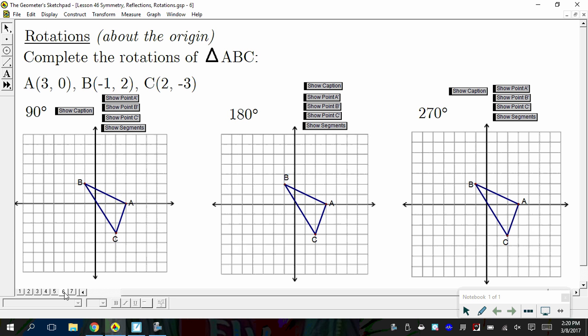And the easiest way I can tell you to do these is to actually physically rotate your paper. So if I want to rotate this around the origin, A is starting here at 3, 0. If you rotate your paper counterclockwise so that this quadrant is now over here, A prime will end up at 0, 3.